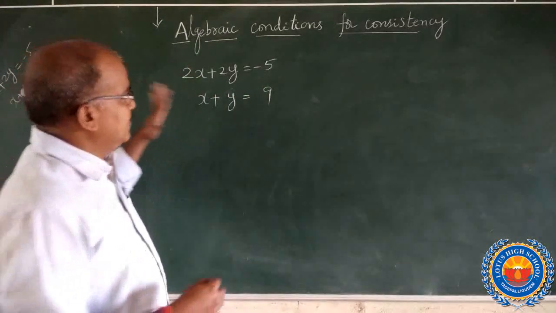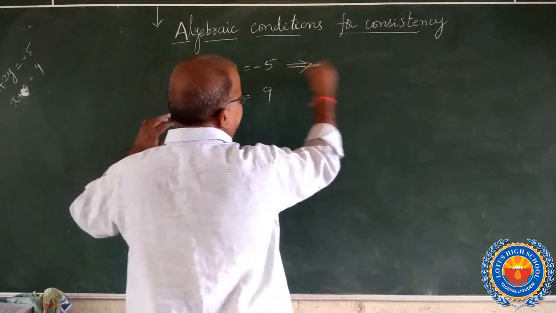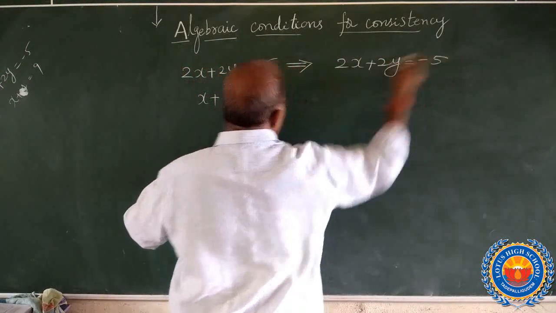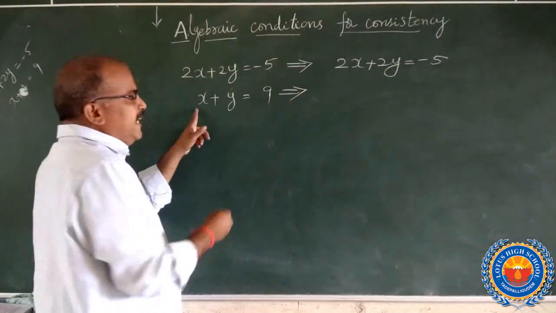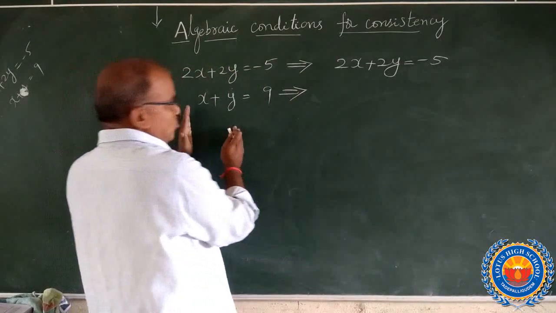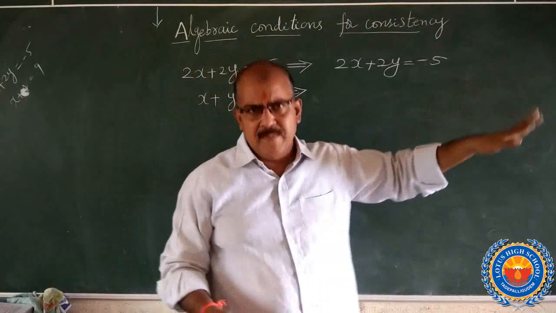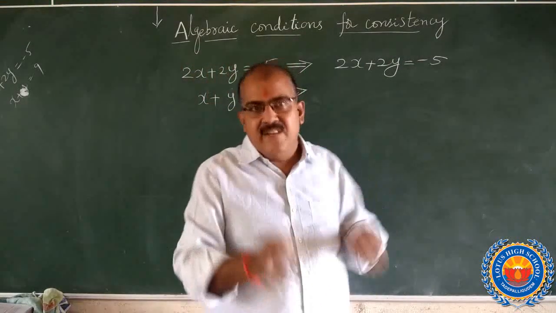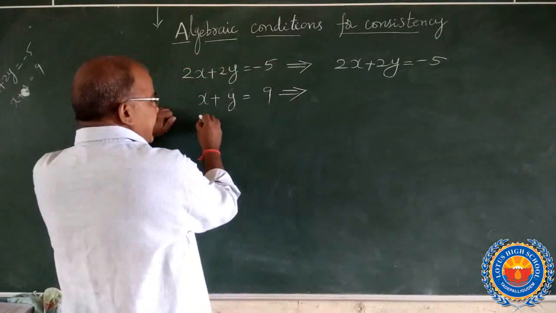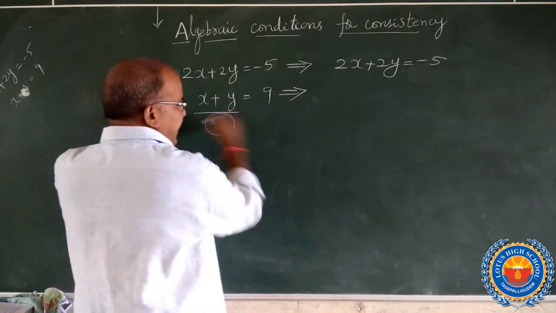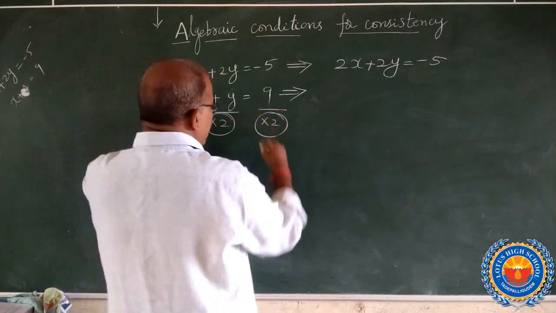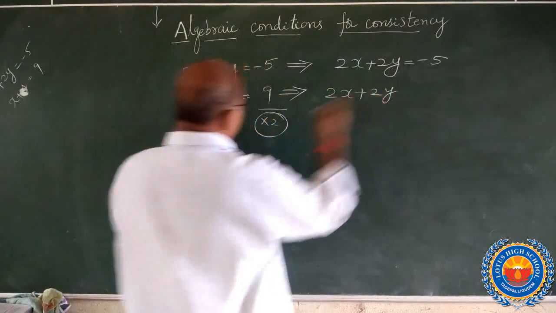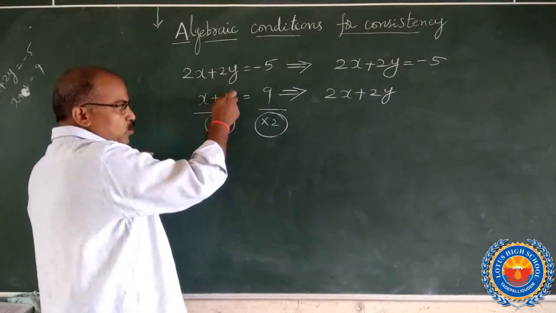I am writing the first equation as it is, and this equation I multiply with 2, because I am going for the elimination method and have to balance the equation. So LHS into 2, RHS into 2: 2x plus 2y.